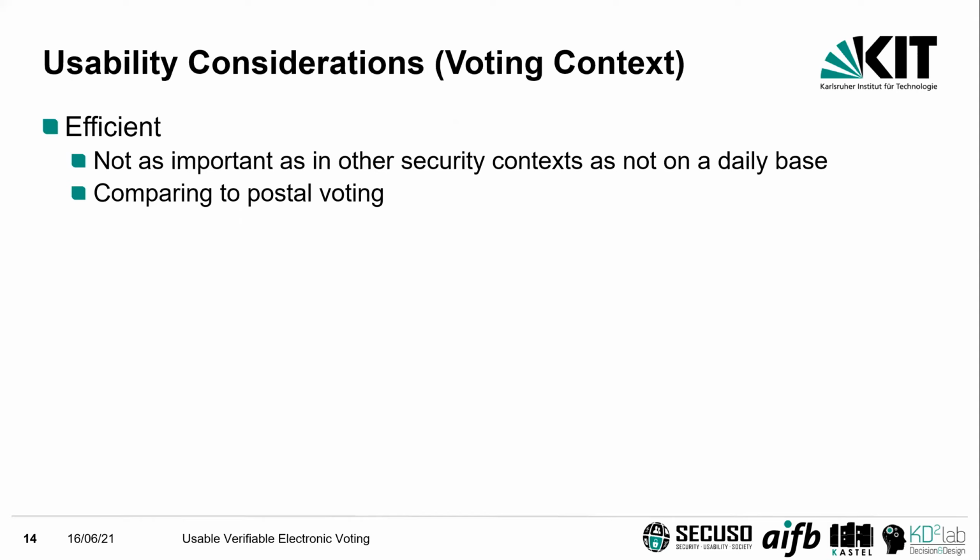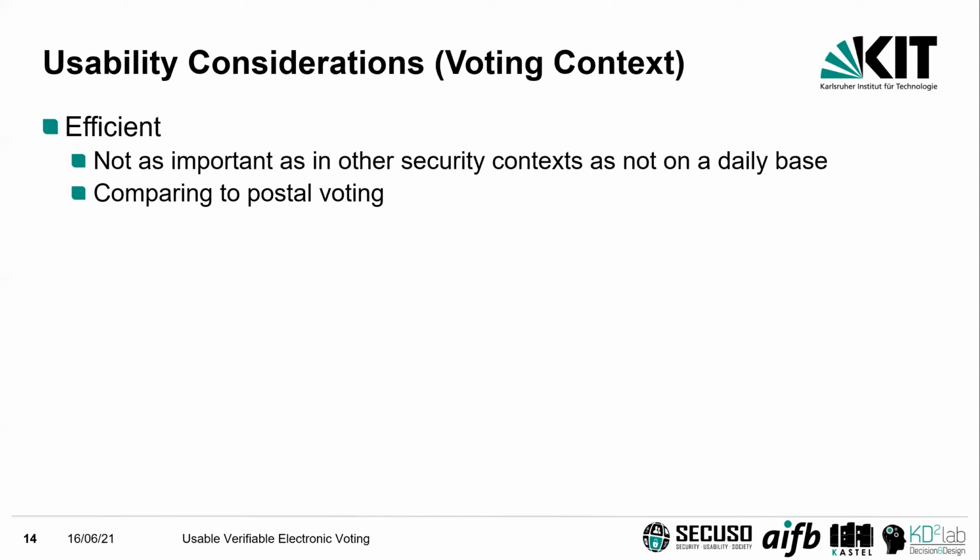As a usable security researcher, usually this is a very important one for our research, because voting is very special. The things we do in usable security are more on authentication, on, let's say, phishing detection, and these are things that users do very often. So if I want to log into my computer or my smartphone, I don't want it to take 10 seconds.